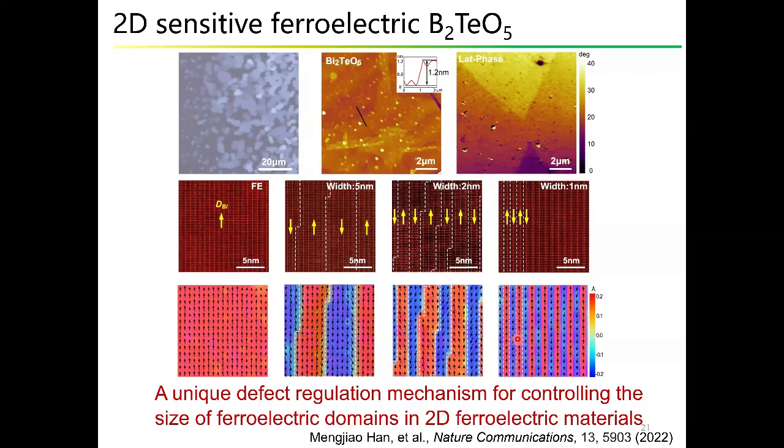That means every column has an anti-parallel configuration of the polarization. So it changed from ferroelectric coupling to anti-ferroelectric coupling by tuning the defect concentration in this very unique 2D ferroelectric BTO material. So we found a unique defect regulation mechanism for controlling the size of the ferroelectric domain in 2D ferroelectric materials.